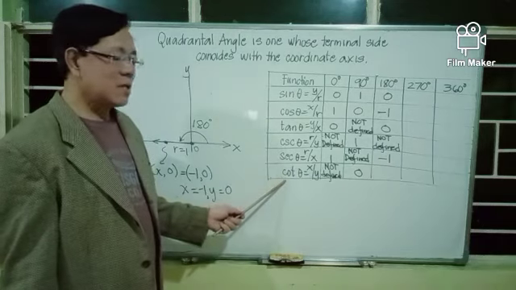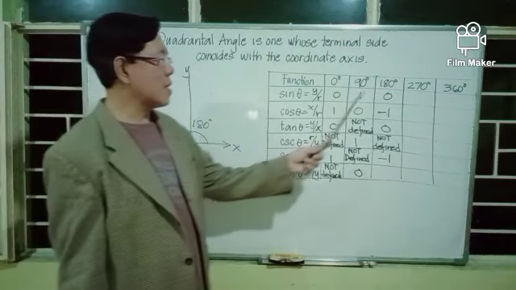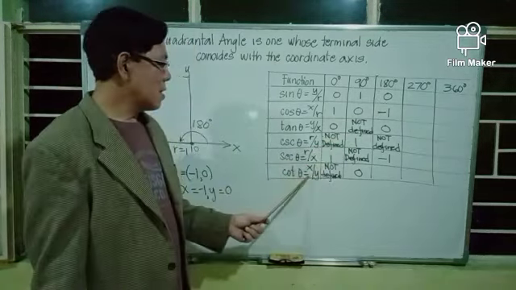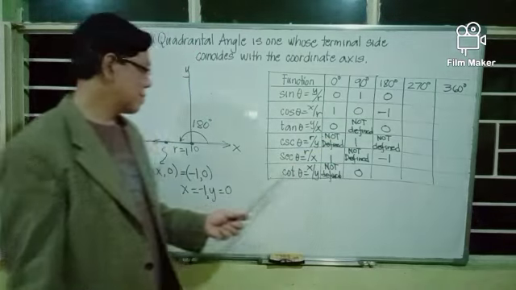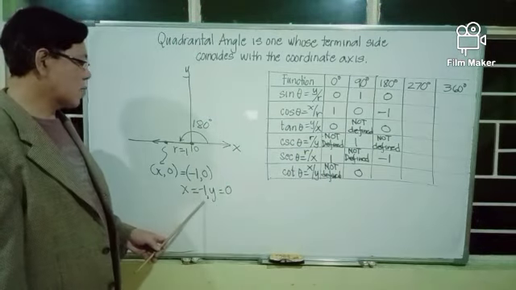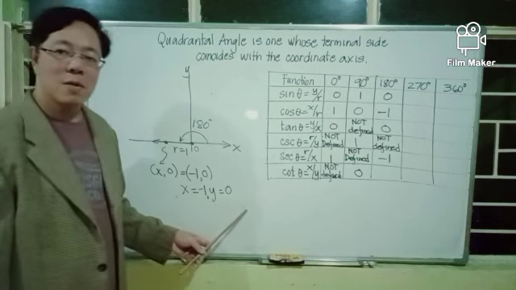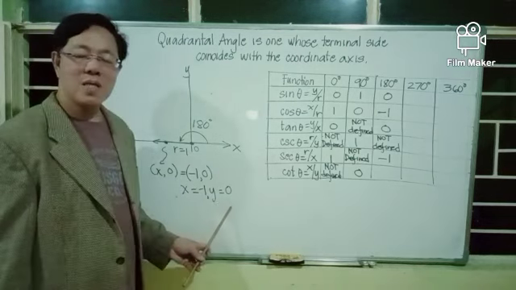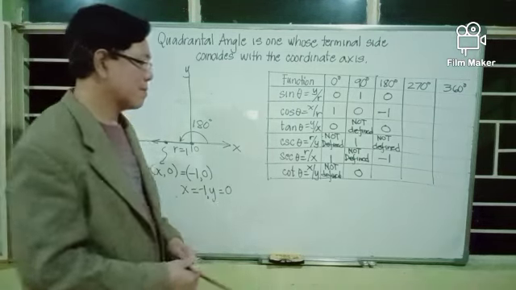Now, cotangent of 180 degrees is x over y. X is negative 1 and y is 0. Negative 1 divided by 0 is not defined.